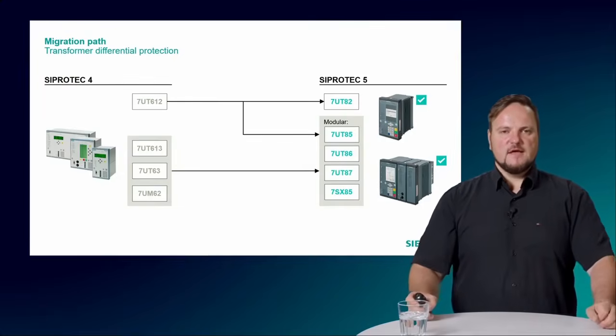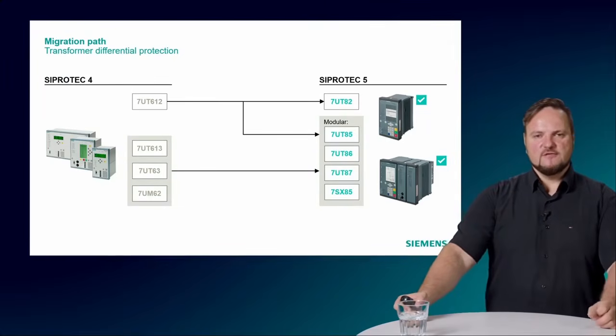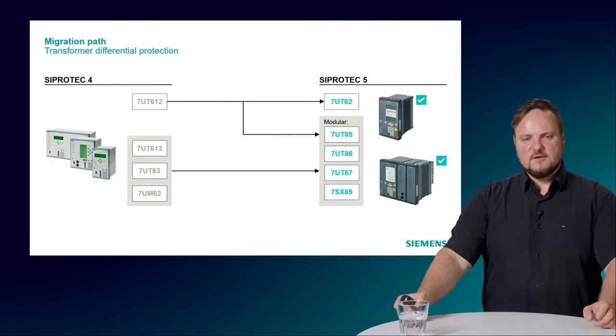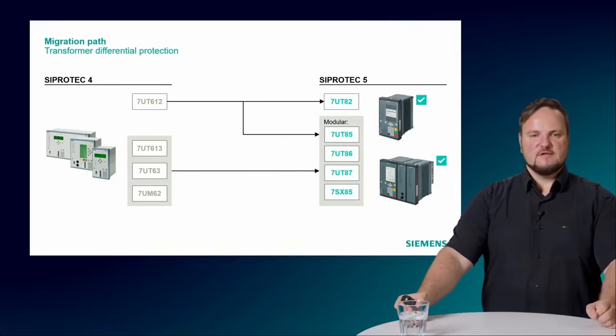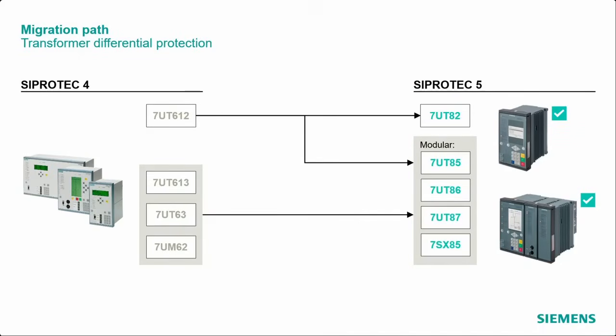And last but not least, we have a look at the migration part, and here on the left side you see the SIPROTEC 4 devices, which are already phased out. So that means at the end of this fiscal year in September, you can place the last order for the 7UT 613, 633 and 635.